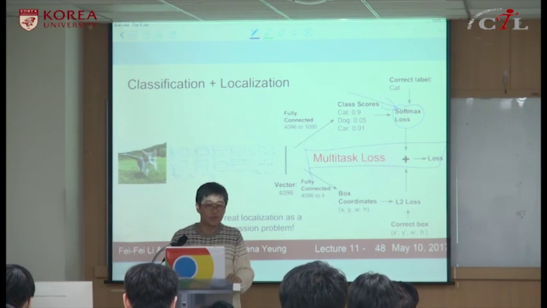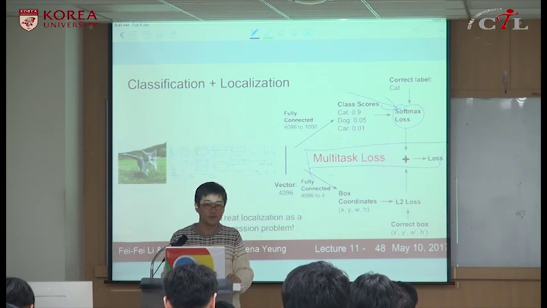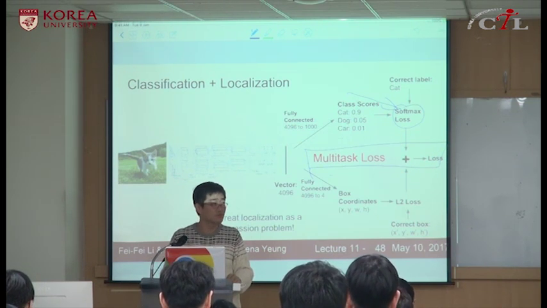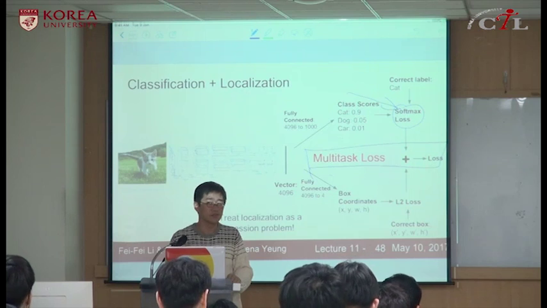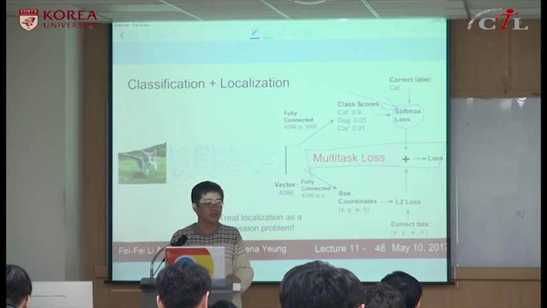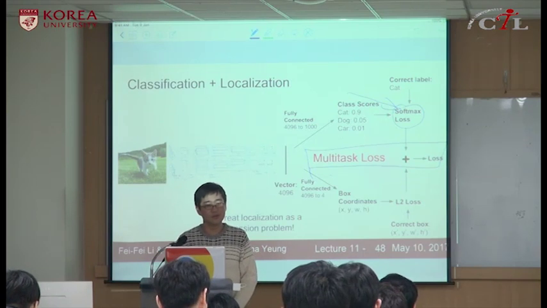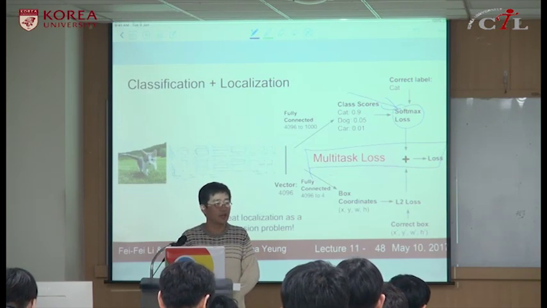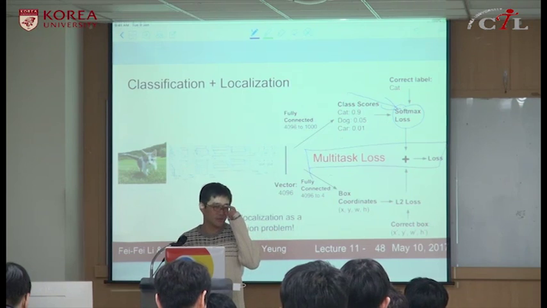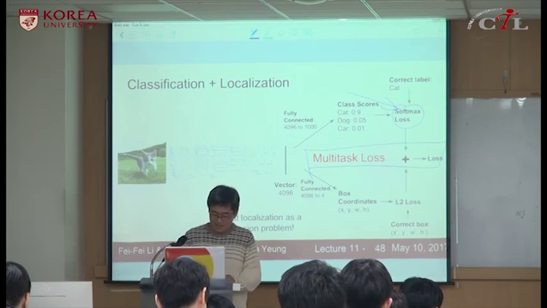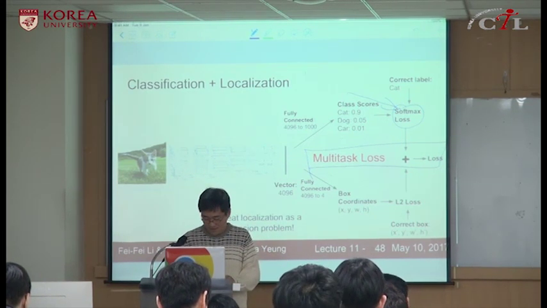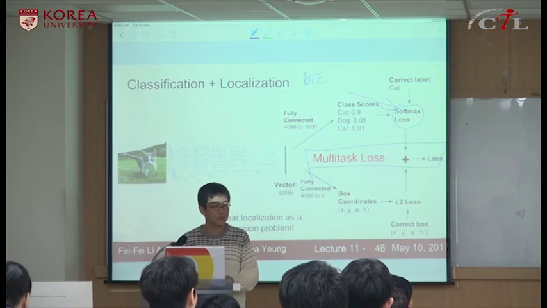Do you guys know the unit? What is the unit for this softmax loss, or cross entropy, or entropy, or KL divergence? Although we don't care too much about the actual unit of this loss measure, that unit is actually bits.